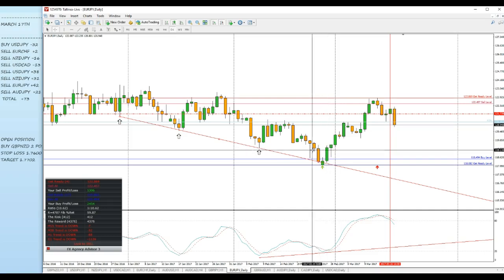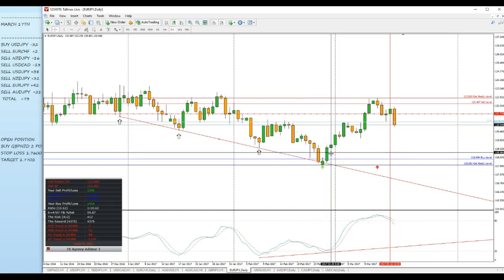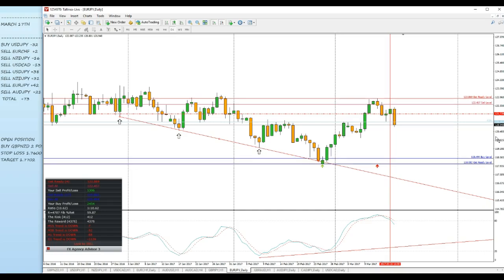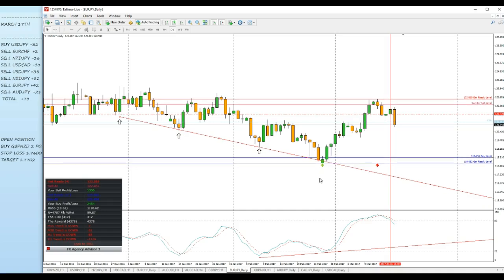Now, notice the morning star, and the next day the market retraced like it normally does, retesting the lows. And this thing went up 409 pips. This is very powerful using this technique on a daily chart. There are a few reasons. One, there's a lot less noise on a daily chart than there is on a 1-hour chart.